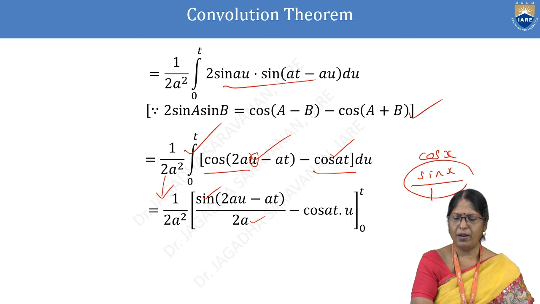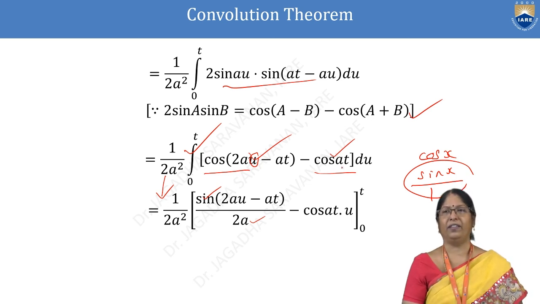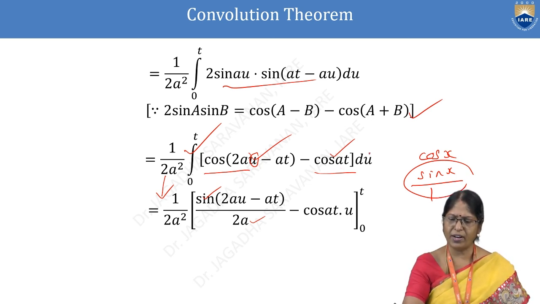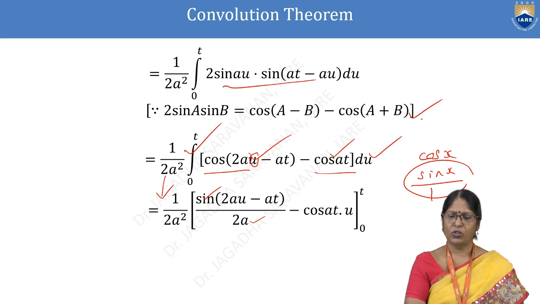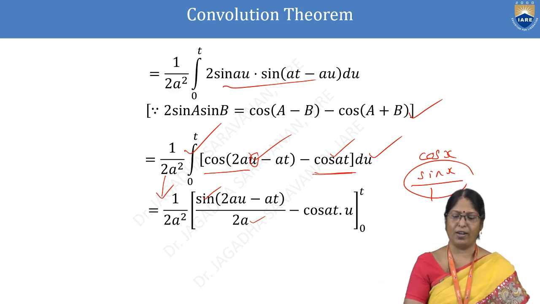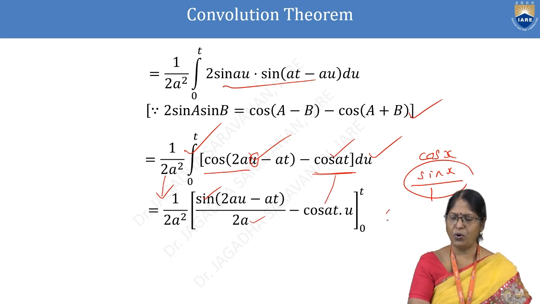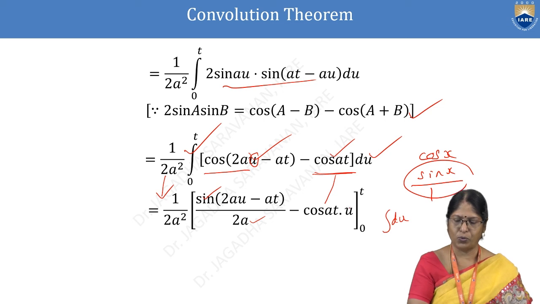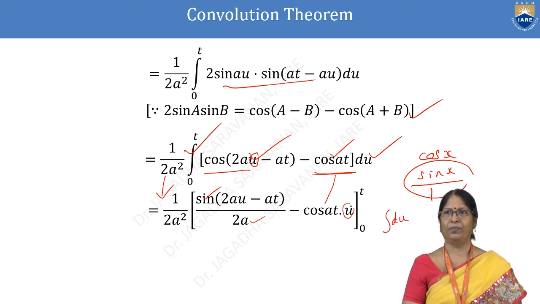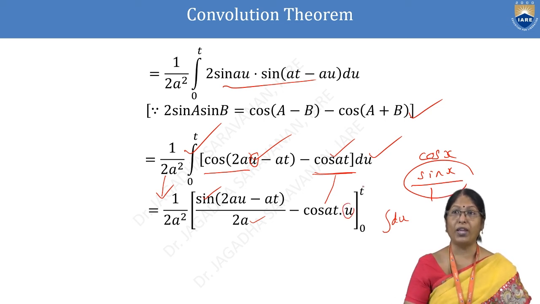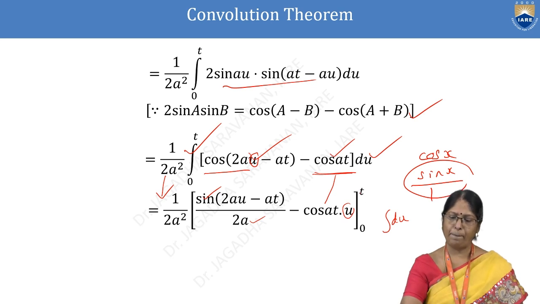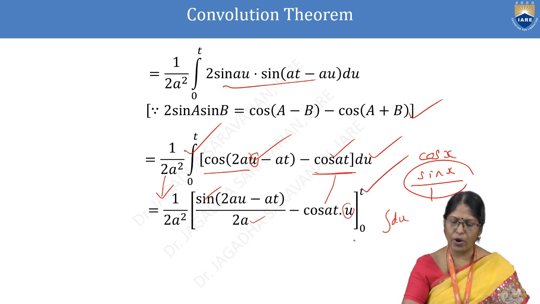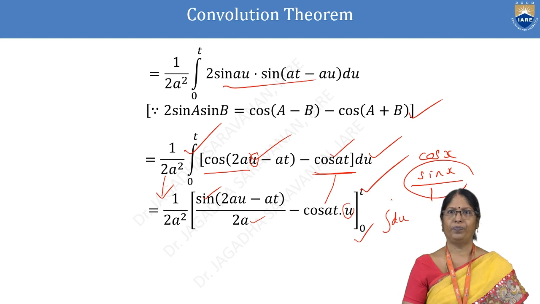Next, here minus cos at. We are doing the integration with respect to u, so the complete cos at is treated as constant. So integral du is nothing but u. That's what is written, u. Now 0 to t we have to apply. Our upper limit is t, the lower one is 0.